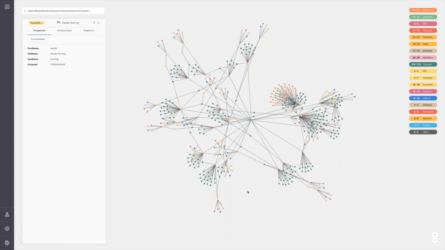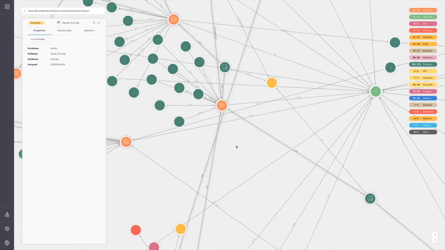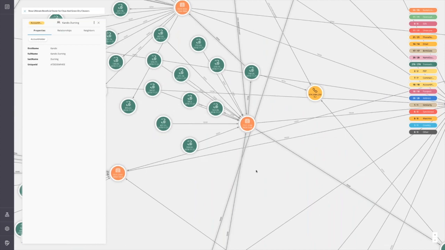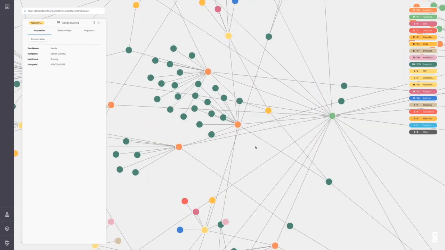So you can use it as a training data set. And then, of course, you could also take the output of that and feed it into the graph as well, right? So once your machine learning has identified some new patterns, or maybe it's provided scoring or some sort of a ranking or created new relationships, those can also be fed back into the graph. So I think that would actually make a really, really powerful combination.